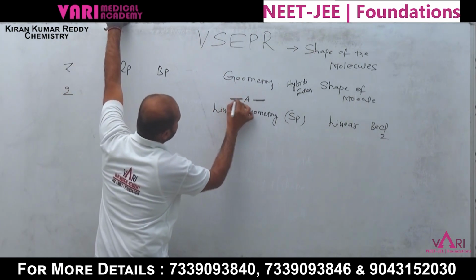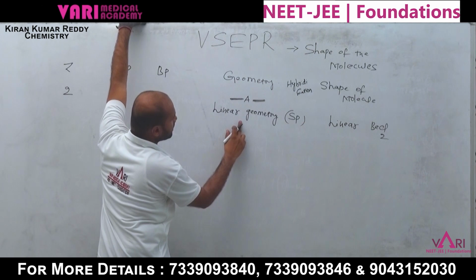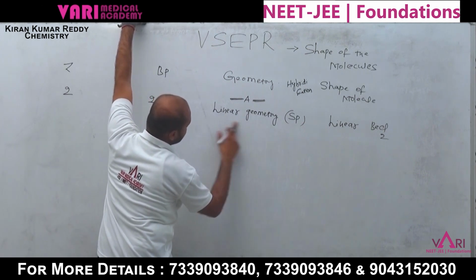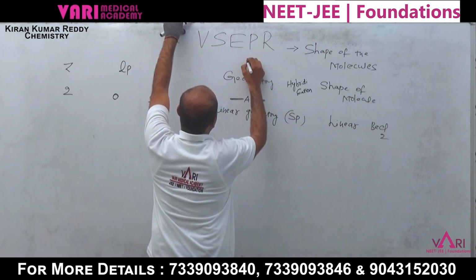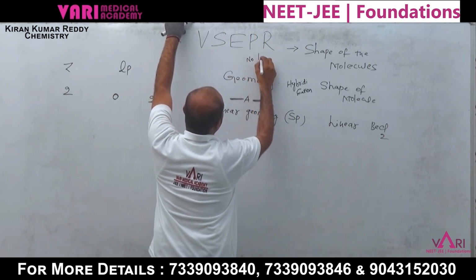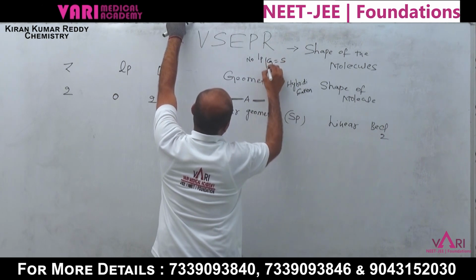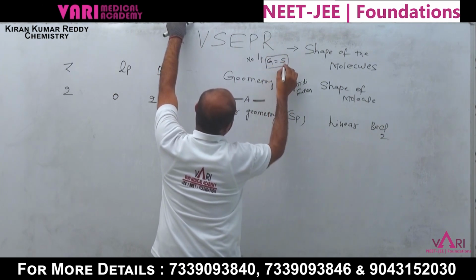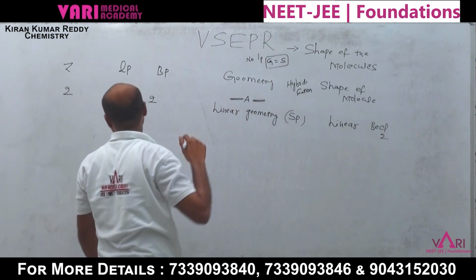This is 1 bond pair, here is another bond pair. What is the shape looking? Linear. Now already you know no lone pair means geometry is equal to shape. Here G means geometry, S means shape.